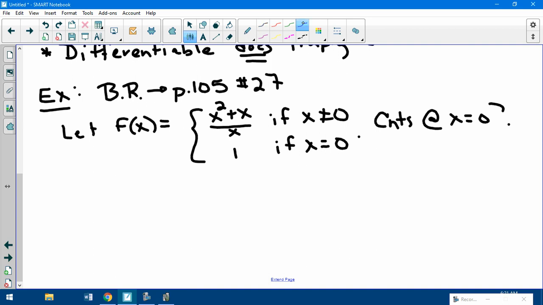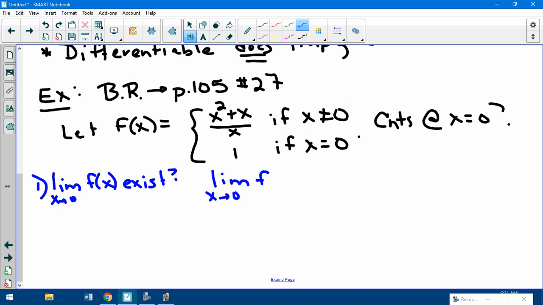So the first thing I'd want to check: does the limit as x goes to 0 of f of x exist? Well, 0 is the issue. So the limit as x goes to 0 of f of x is equal to, which would I use here?